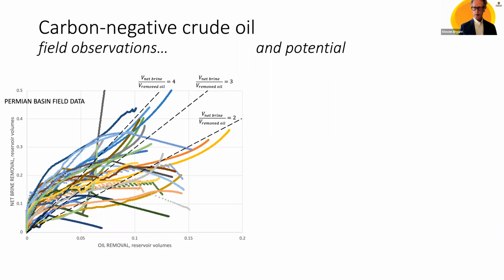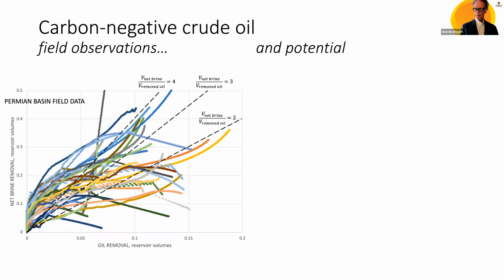Some, especially in the early stages, there on the left-hand side of this plot, would have been producing carbon negative crude oil had the CO2 come from the atmosphere. Now, they were not trying to store CO2. They were trying to produce oil and minimize their costs because they were having to pay for CO2. So even so, in running those processes, they could have been carbon neutral at least, possibly carbon negative.